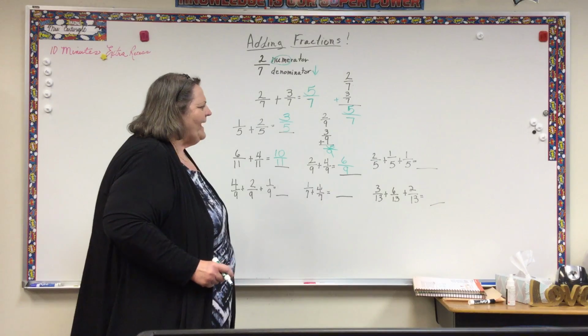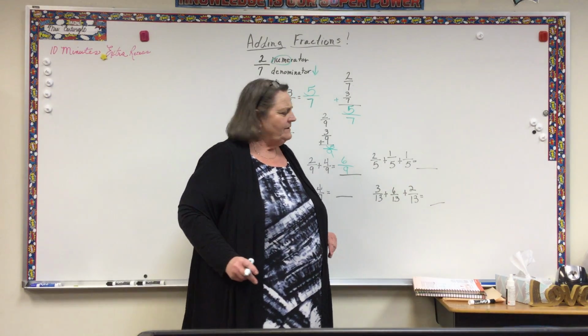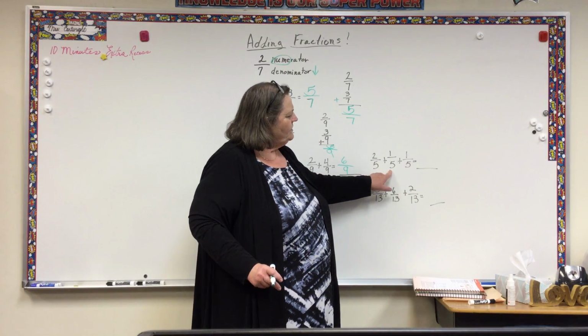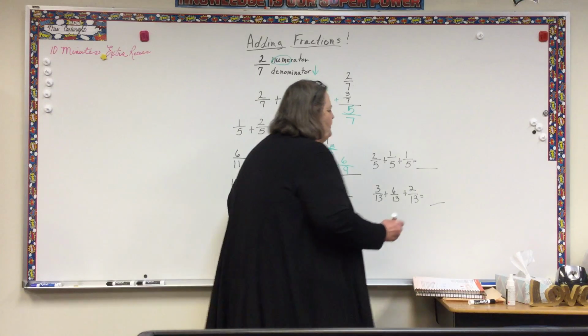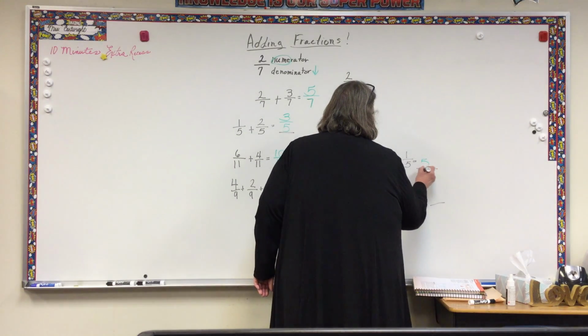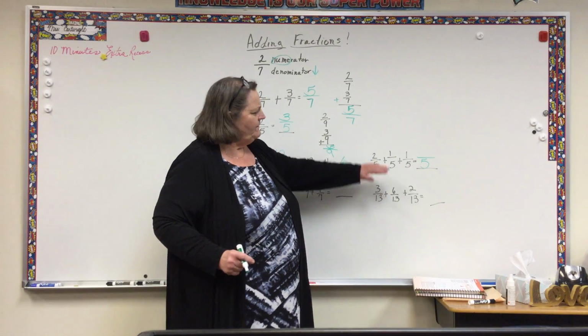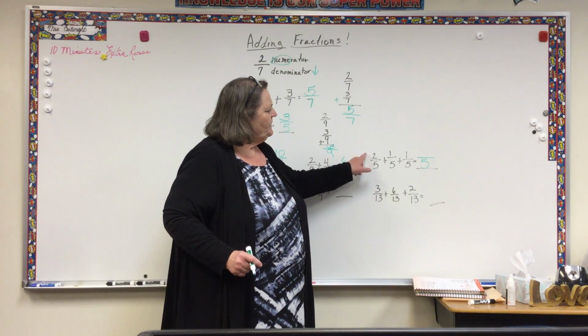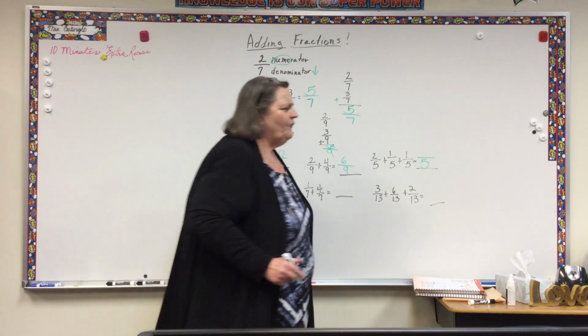Okay, you might have 3 fractions added together. But you have to make sure the denominators are all the same. And if they are, we put the denominator that's there, 5. Then we start adding the numerators, the numbers at the top. 2 plus 1 is 3, plus 1 is 4.